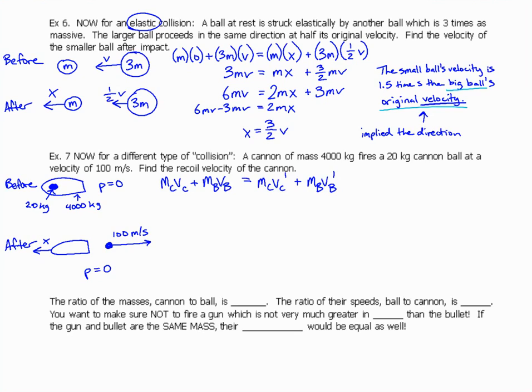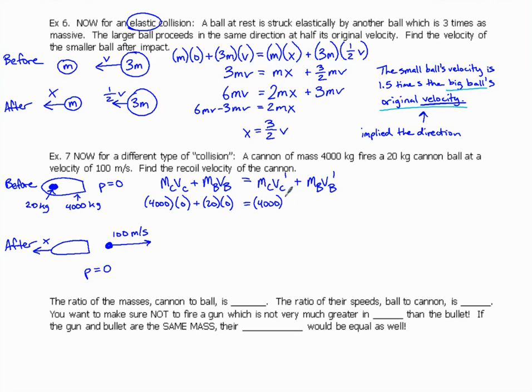So let's use our real numbers here. The mass of the cannon is 4,000, and its original velocity is 0. It's at rest. The cannonball, mass 20, velocity is also 0. So now for the mass of the cannon, it is still the same, still 4,000.